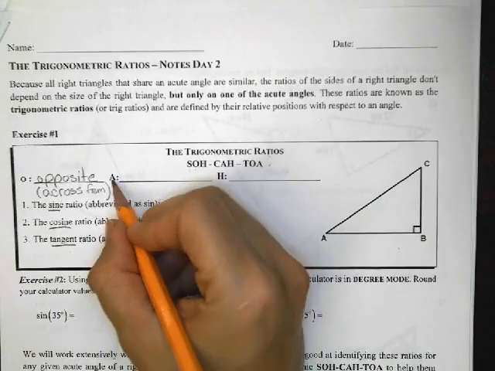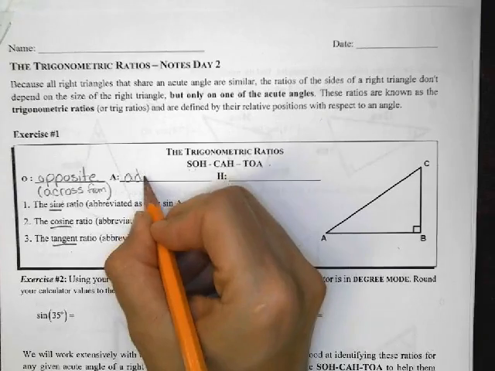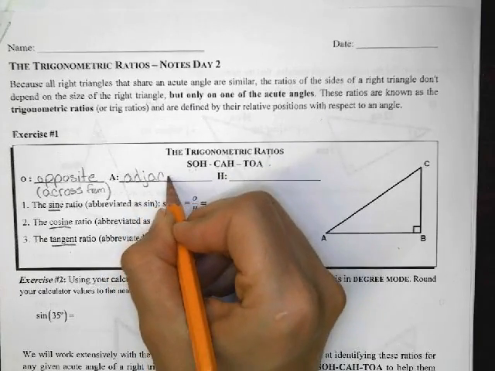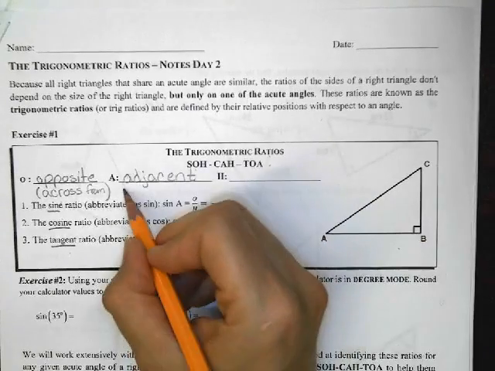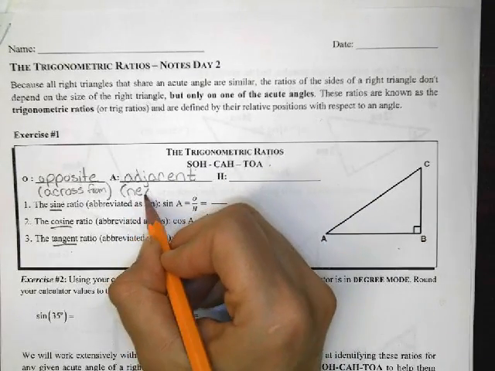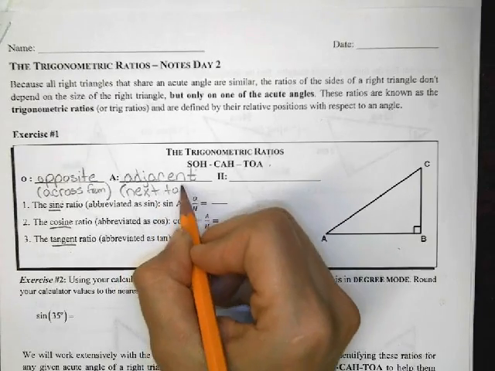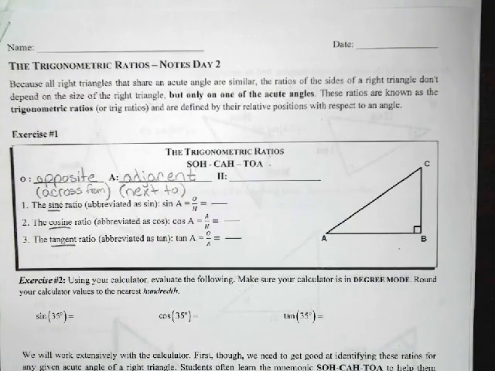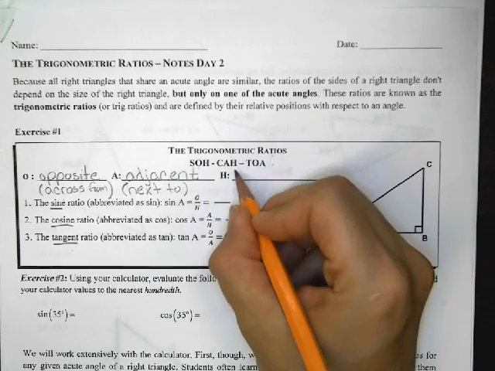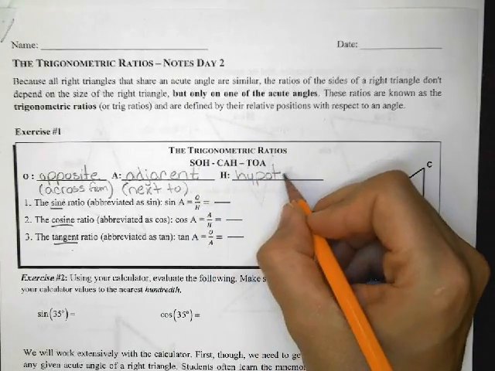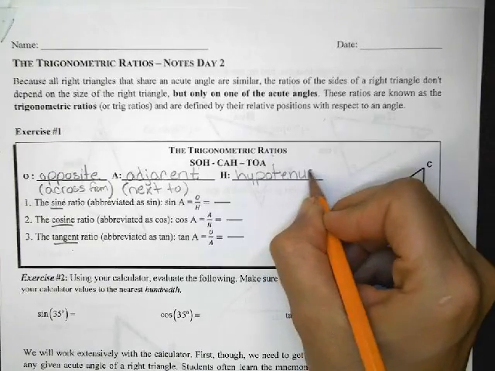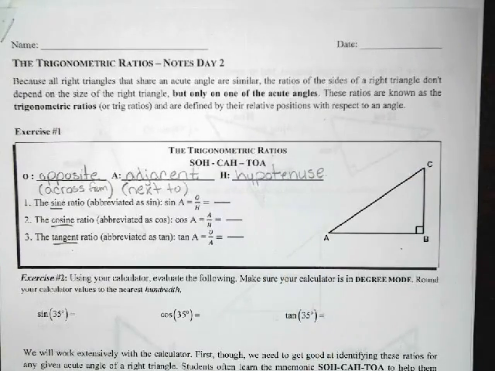And when I say A, I'm talking about adjacent. So when I say adjacent, I mean next to. And then the H stands for hypotenuse. That's one of the sides of the right triangle.